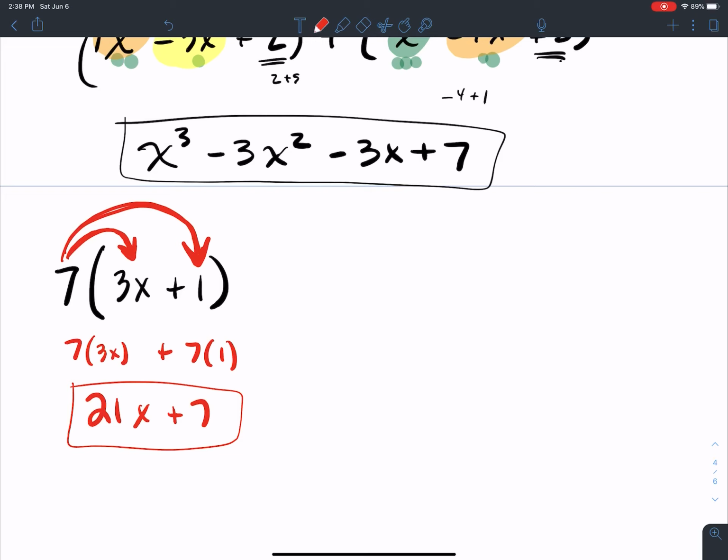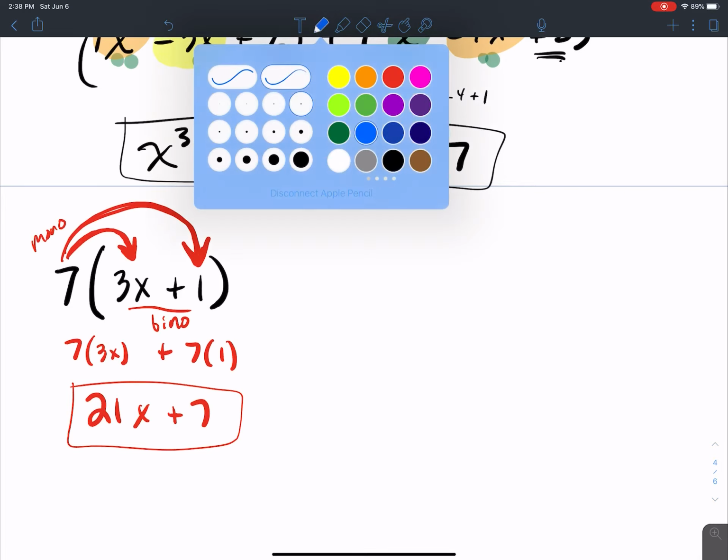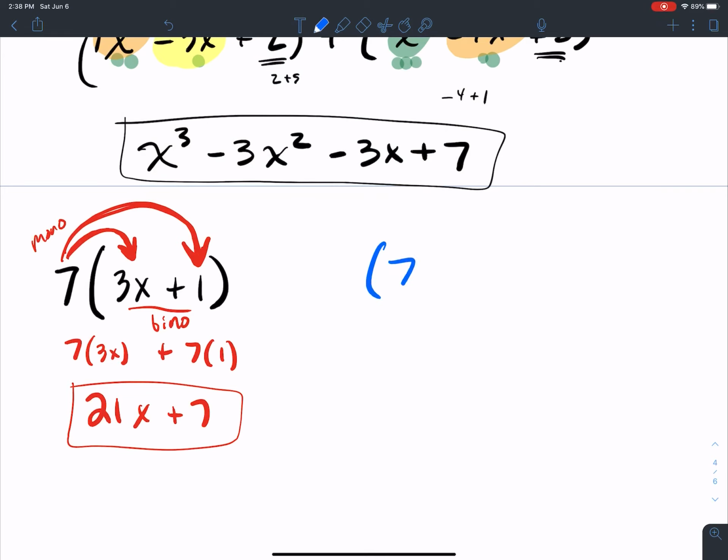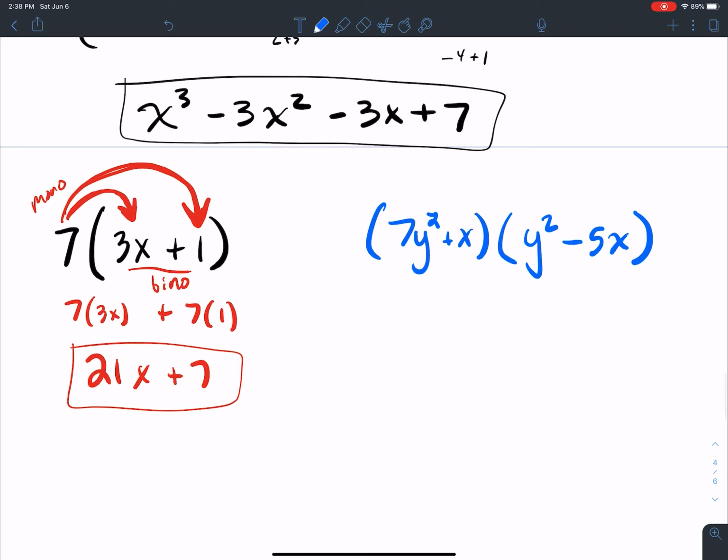Now, that's a monomial times a binomial. What happens if I multiply 2 binomials together? What in the world am I going to do? 7y squared plus x multiplied by y squared minus 5x. This is something that's called a double distribute. So instead of just distributing the 7 through to each piece in the parentheses, now I take this 7y squared and I distribute it to each piece here.